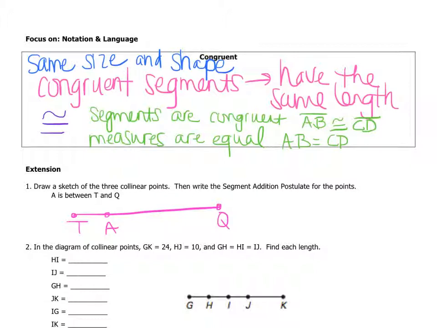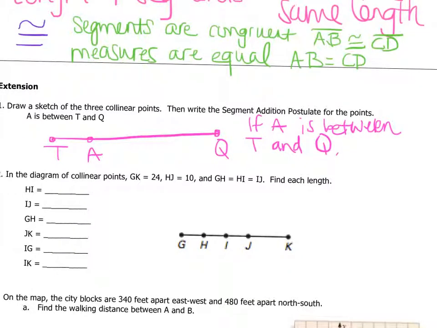So if you think back to the activity that we did, like number 3, where we said if B is between, that's what I'm looking for, your segment addition postulate. So in this case, we would say if A is between T and Q, then what must be true?